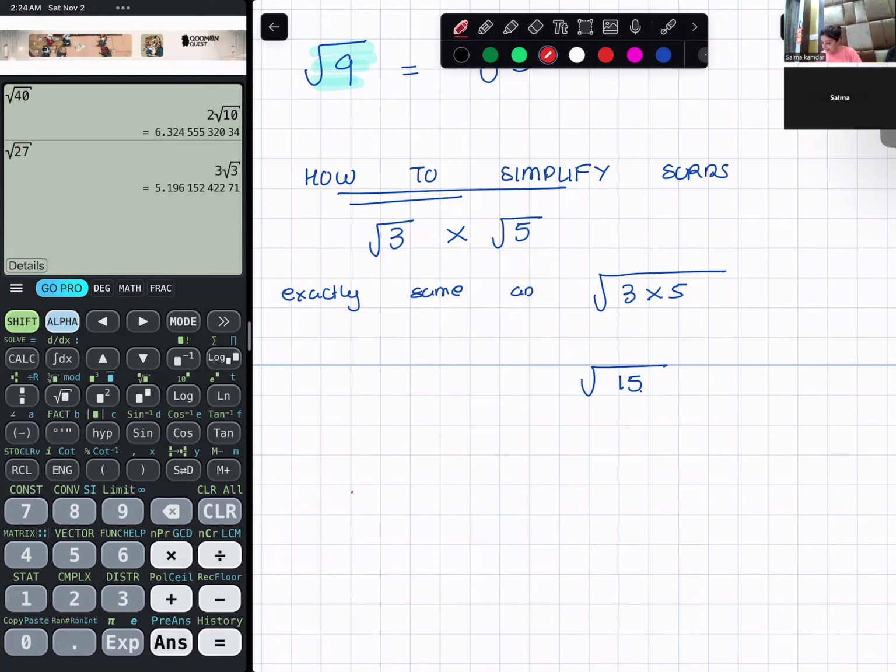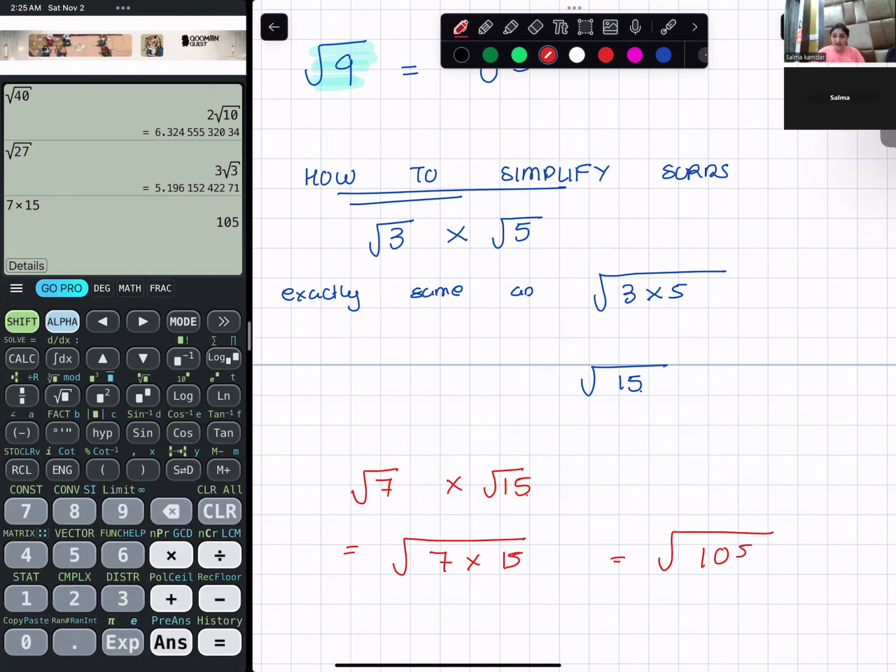If I have root of 7 into root of 15, this is exactly the same as root of 7 into 15, which is root of 105.